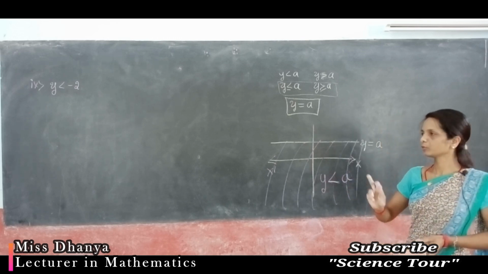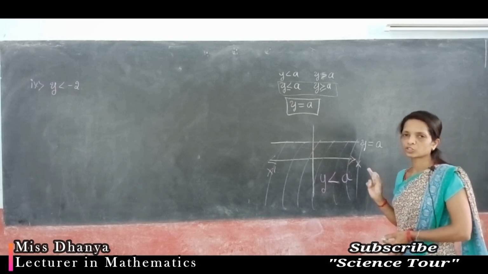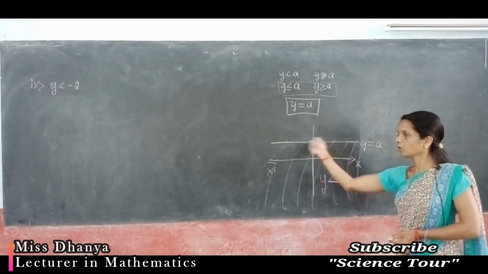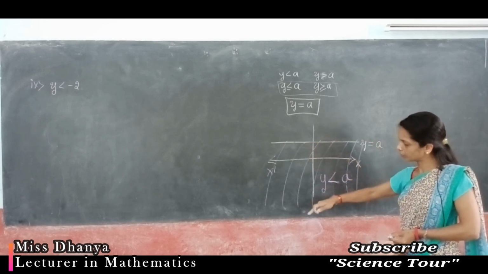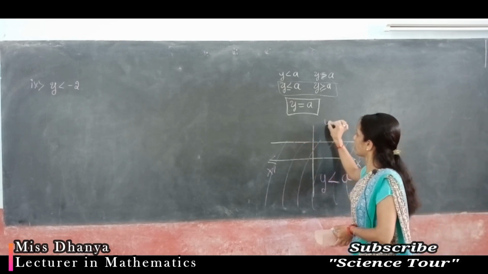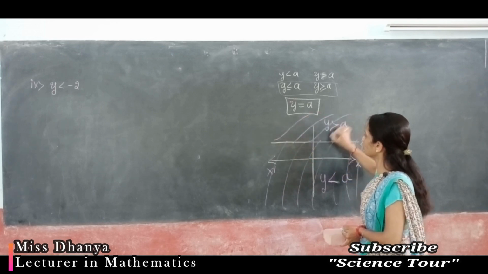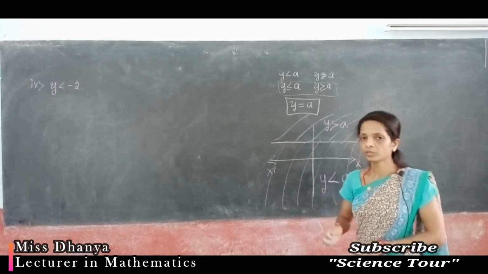There is no need to check that inequality with any checking point. Directly you can shade. Suppose you have the inequality y less than a, first you have to draw the horizontal line, and if y is less than a, then below that horizontal line you have to shade. And suppose you have y greater than a, then you have to shade above the line y is equal to a. That one you have to keep in mind.